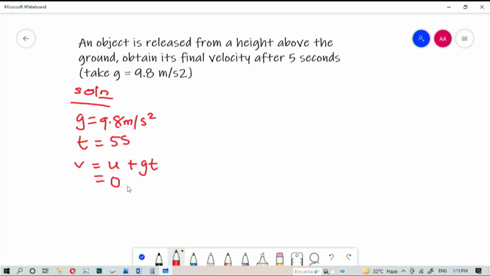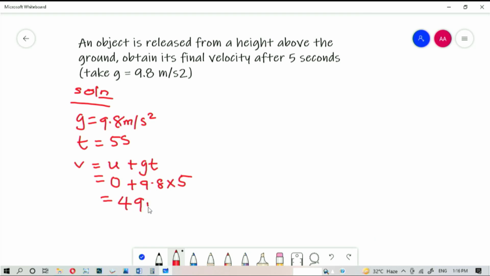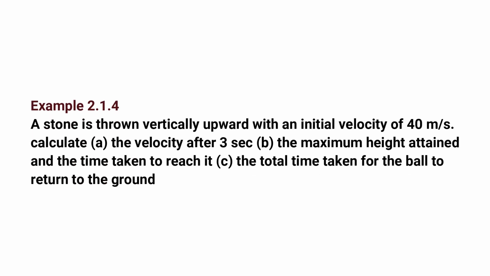So we have 0 plus 9.8 times 5, which is 49. We have 49 meters per second.